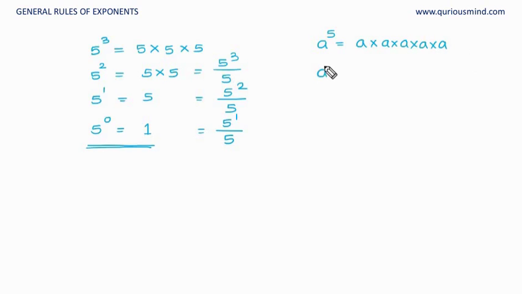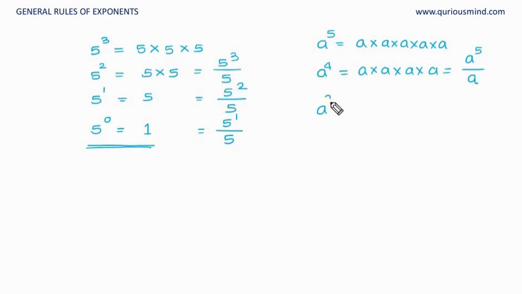Then let's write a raised to 4. A raised to 4 is again a multiplied by itself 4 times, which means one a is cancelled. Cancelled means divided. So if I divide this number by a, I will get 4 a's. So this number, which is a raised to 5, if I divide by a, I will get 4 a's.